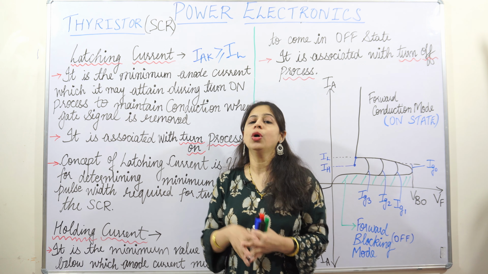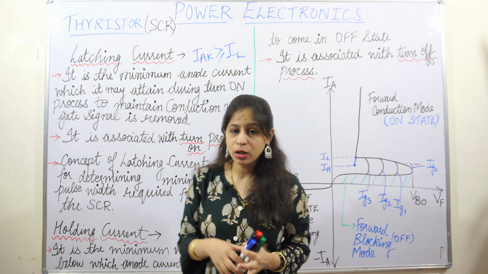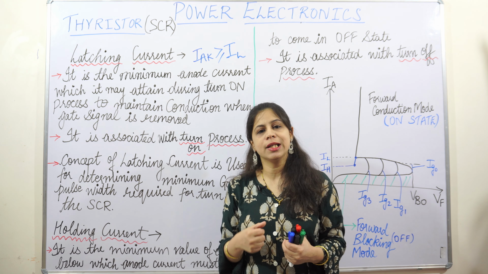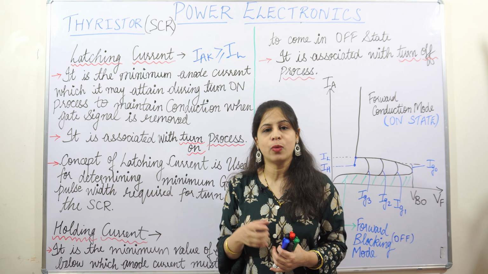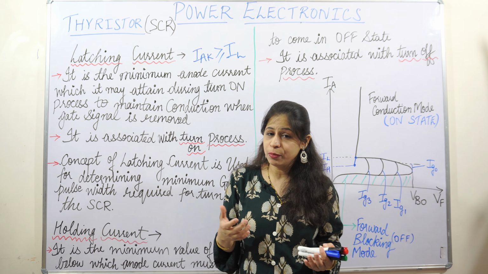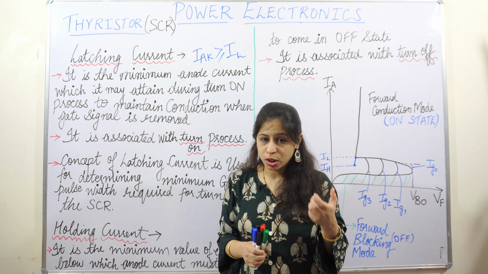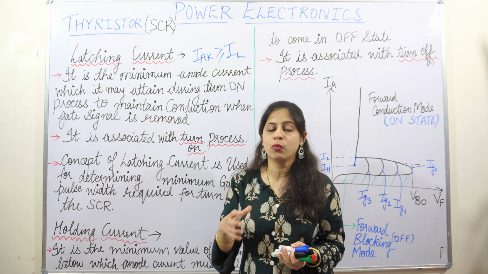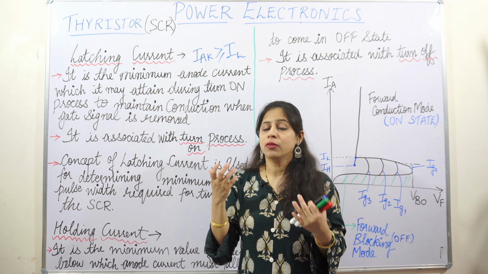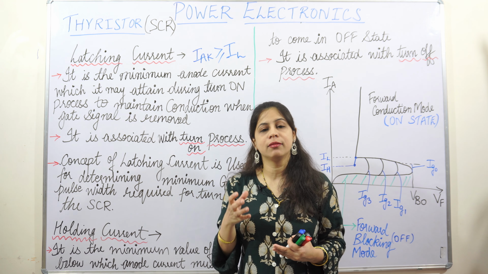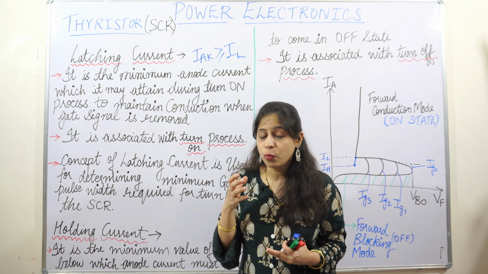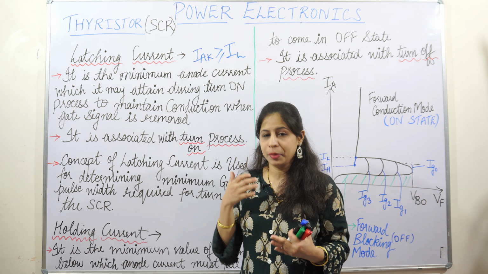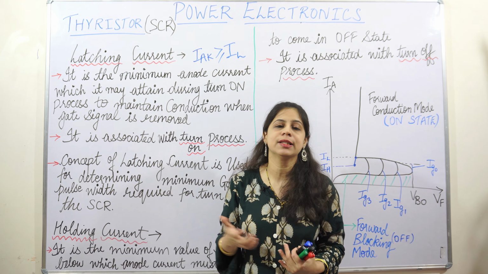So we already know when the SCR is in the forward blocking mode, how it is turned on. It is turned on either of the two ways. One way is that if we give the voltage source to the circuit that is above the breakover voltage, then the junction J2 breaks and eventually the current starts flowing.